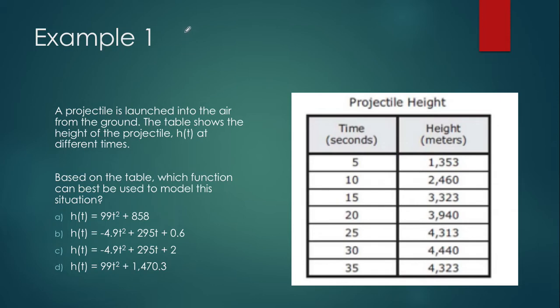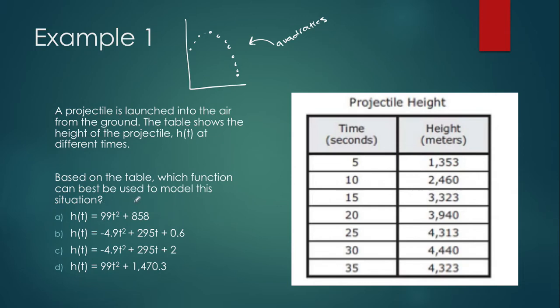Well, if something is launched into the air, it has to come back down, yeah? So knowing that, I know this is talking about quadratics. So we have to think about what it's referring to in real life to know whether it will be linear, quadratic, and you'll be introduced to exponential later. Based on the table, which function can be used to model this situation?